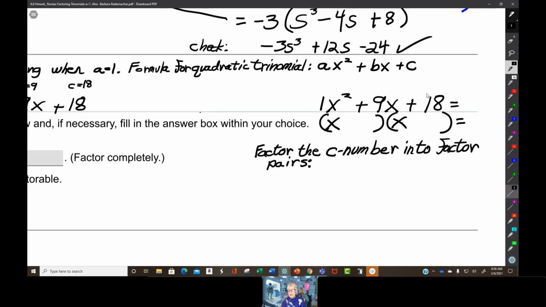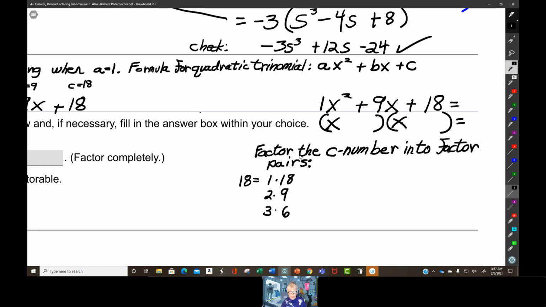And then I look at the C number and I factor it, maybe mentally, into factor pairs. Here I go. 18 equals 1 times 18, 2 times 9, 3 times 6, 4 no, 5 no, and then it starts again at 6. So these are factor pairs.